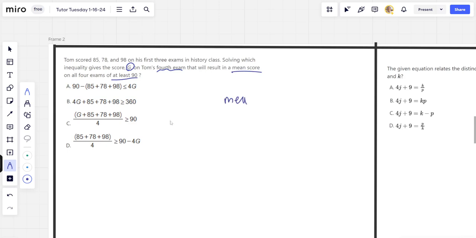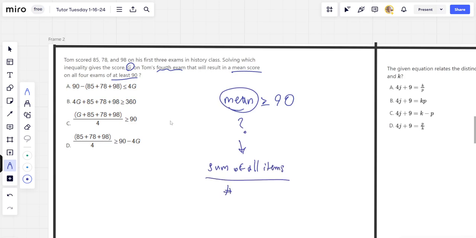That means we want the mean to be greater than or equal to 90. Let's start translating this from words to math. What is the mean? Well, the mean is the sum of all the items divided by the number of items. We want that to be greater than or equal to 90.